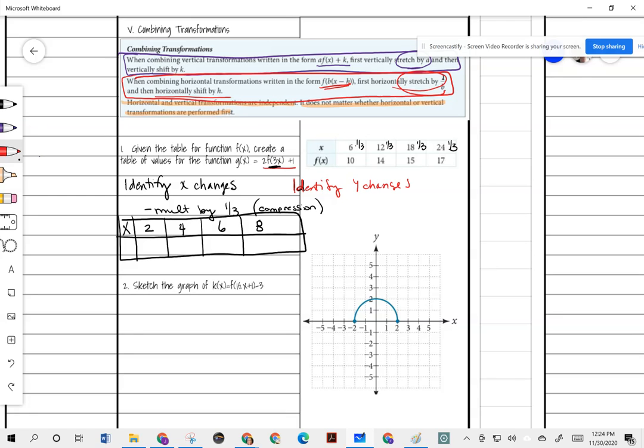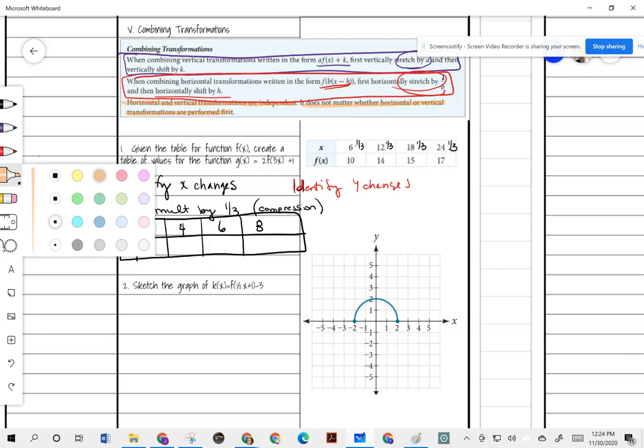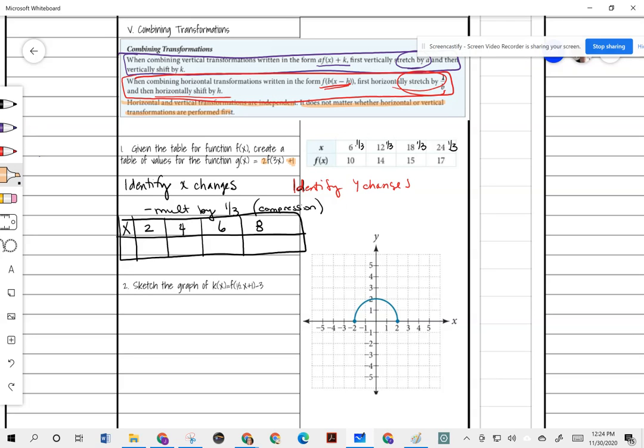So there's the 2. And then there's the +1. But according to this, we have to stretch by a first, calculate the a first, and then shift. So we are going to take our y coordinates, multiply by 2, and then add 1.